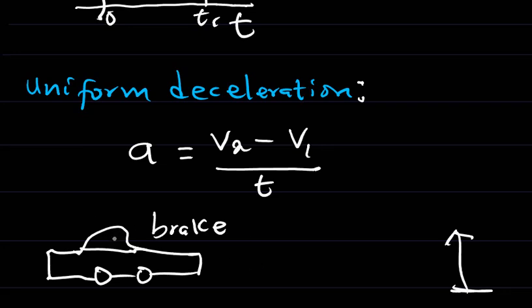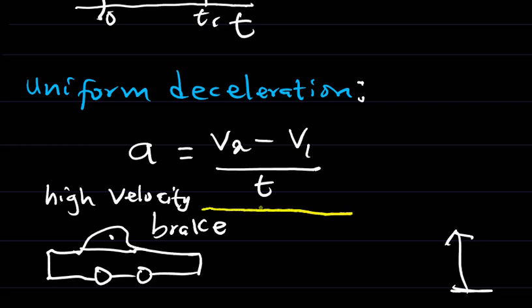The car was actually moving at a very high speed, or high velocity. So now, for the car to stop, this speed will start reducing. That reduction in speed is what is known as deceleration.